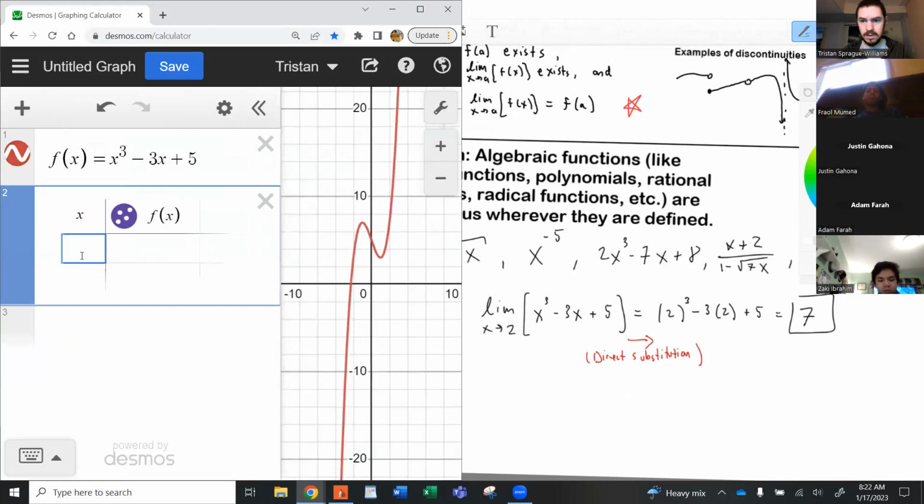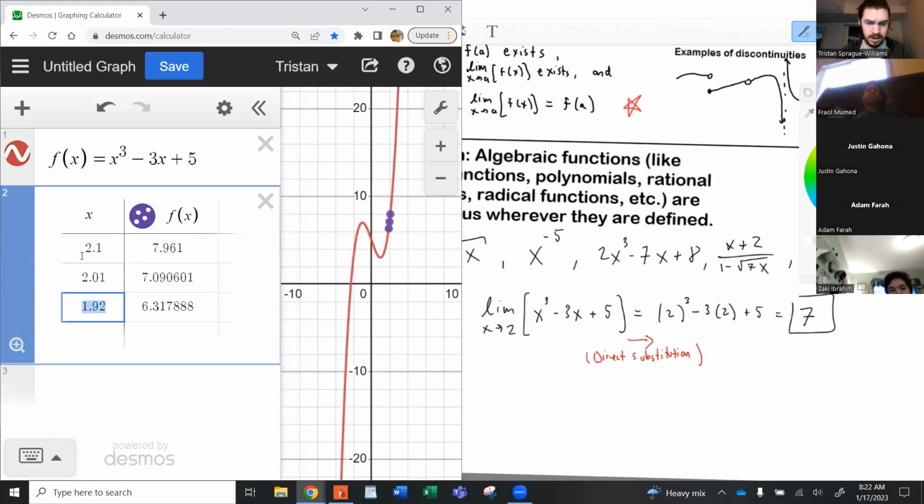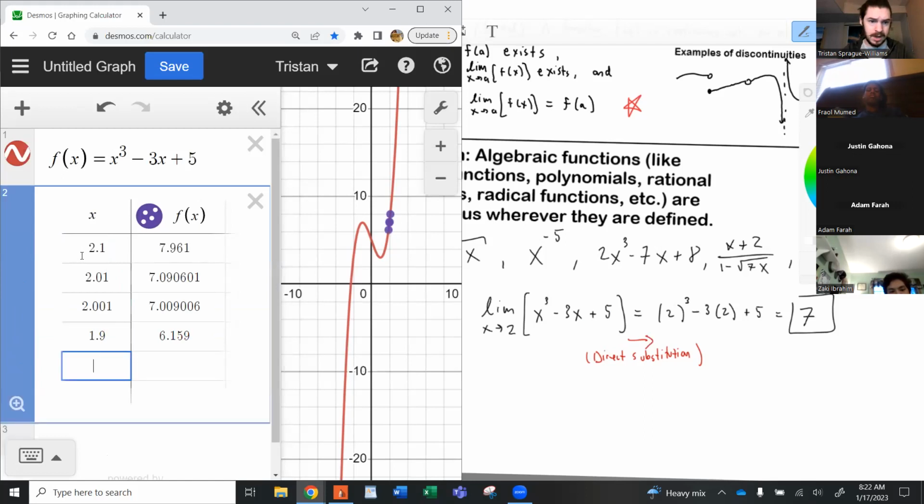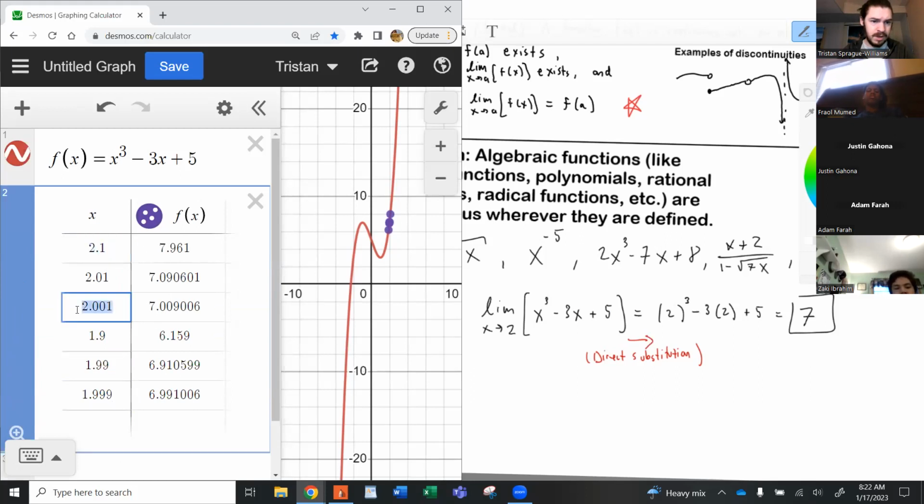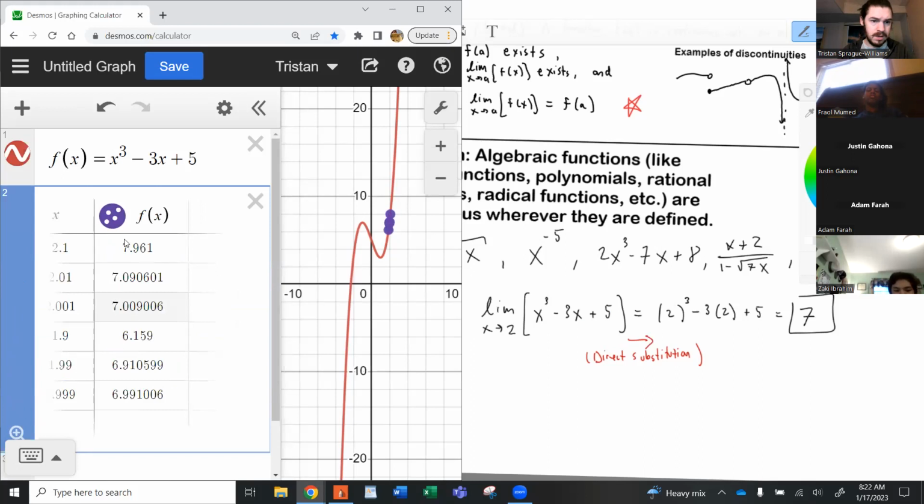We're x approaching 2, so we're going to do 2.1, 2.01, 2.001. Okay, that looks pretty good, right? And then we also want to do 1.9, 1.99, and 1.999, stuff like that. And you can see the first three rows here, these are approaching.